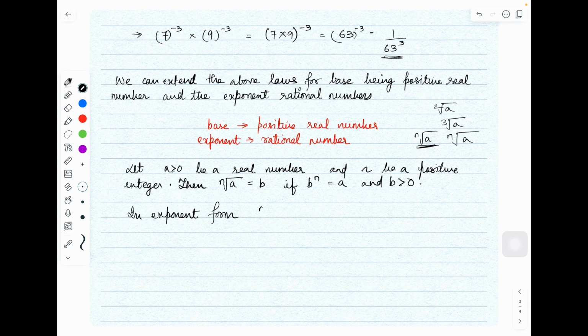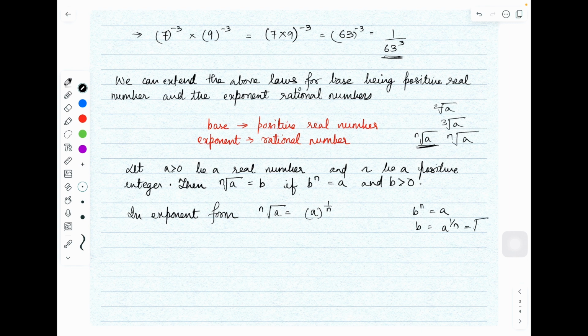See, in exponent form, the nth root of a equals what are we going to write? a to the power 1 by n. Understood? See, b to the power n equals a. So b is a to the power, if the power changes side, it becomes its reciprocal, that is 1 by n.